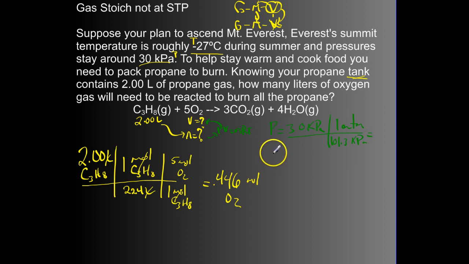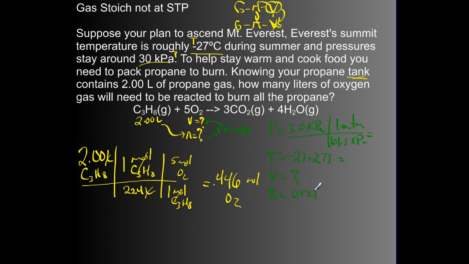My temperature is negative 27 degrees Celsius plus 273 to get it to Kelvin. My volume is the unknown variable. My R is a constant, which is 0.0821.